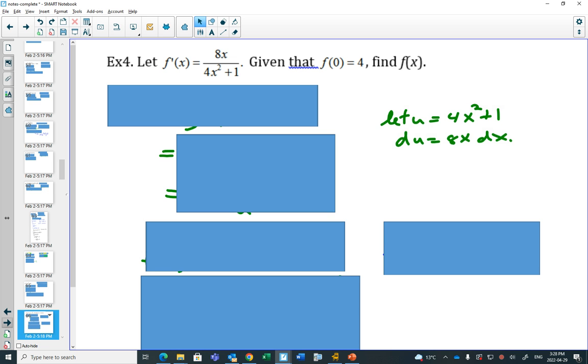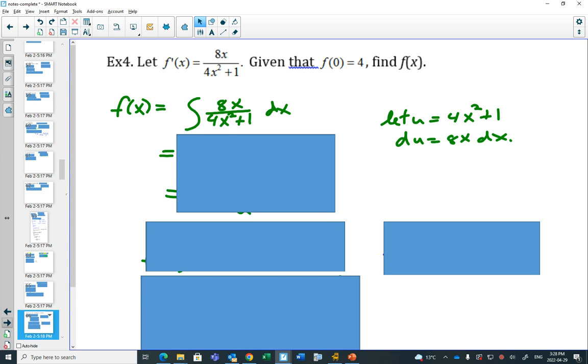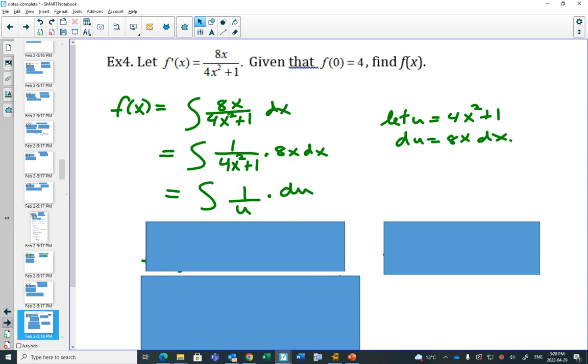So we're going to let u equal 4x squared plus 1. We can do our substitution. And we get a wonderful 1 over u, which is a natural log.